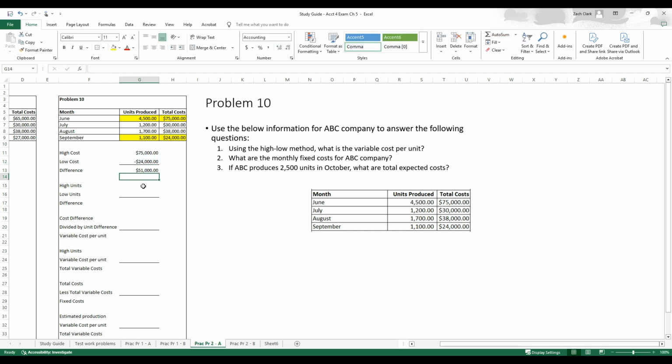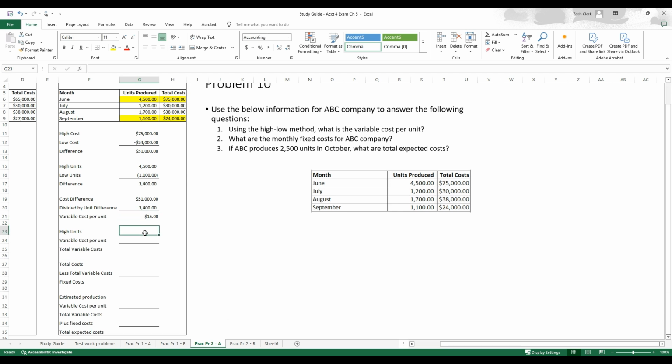So the difference was 51,000. And then we're going to take our high units minus our low units. So 3,400 unit difference. And then we'll take the cost difference divided by that unit difference to get us a $15 variable cost per unit.